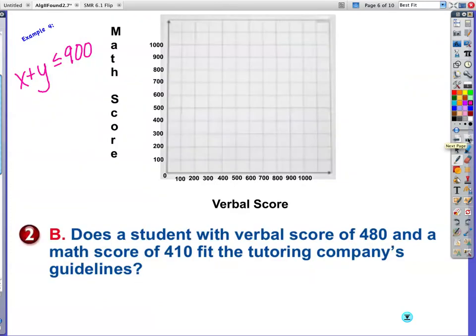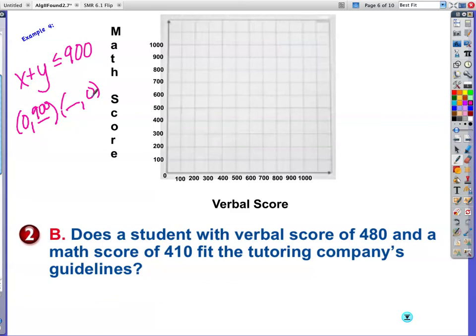Okay, let's get that graphed, because the question is, does a student with a verbal score of 480 and a math score of 410 fit the tutoring company's guidelines? If I put 0 in for X, I get 900.